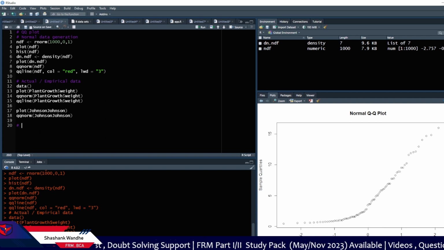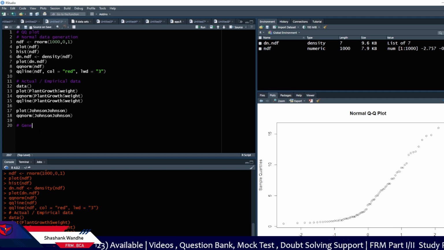Now we will compare this with the Student's t distribution. On the x-axis we will keep the normal distribution, on the y-axis we will get our empirical distribution, which is the Student's t distribution, so that we can see clearly what the factorial problem is here.